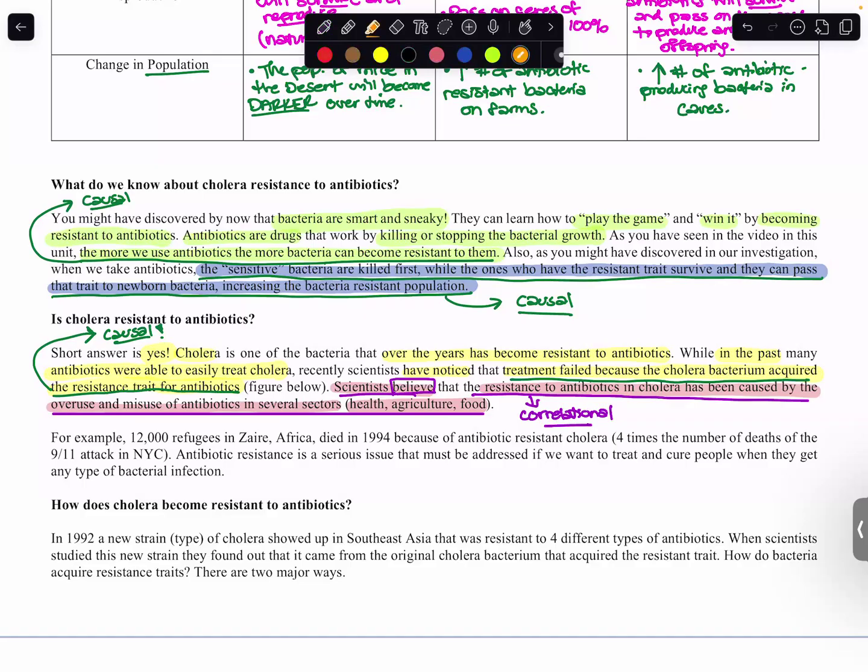Let's continue reading. So, for example, 12,000 refugees in Zaire, Africa, died in 94 because of antibiotic resistant cholera. This is causal.